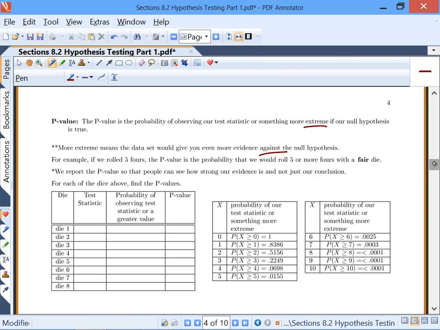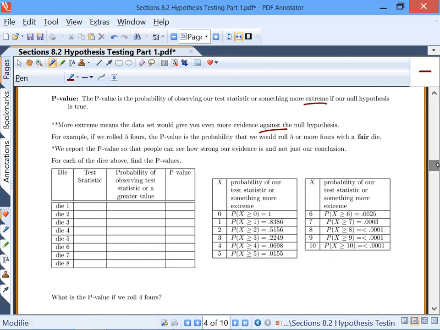So for each of the dice above, we want to find our p-values. Okay, so can someone flip back to the previous page and just read off for me the test statistics? So how many 4s we got on each die? 1, 0, 3, 0, 1, 3, 4.